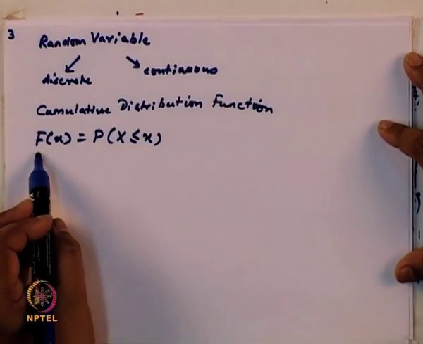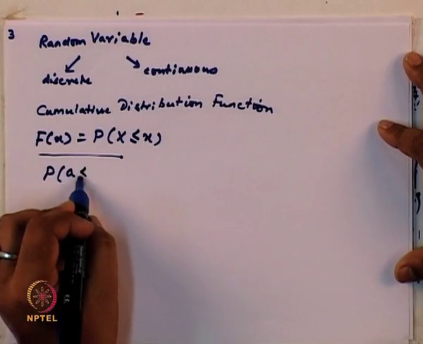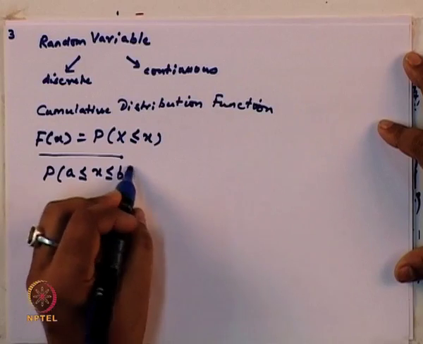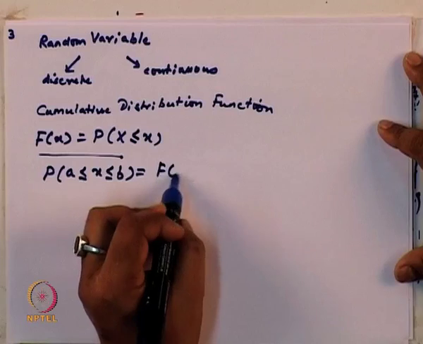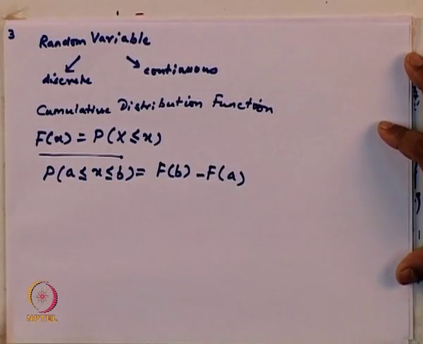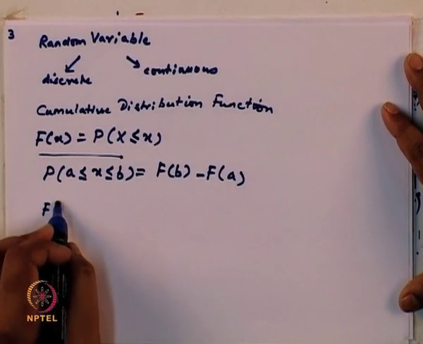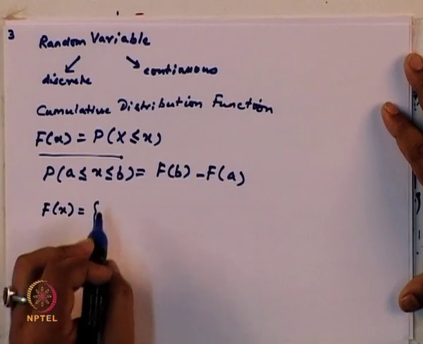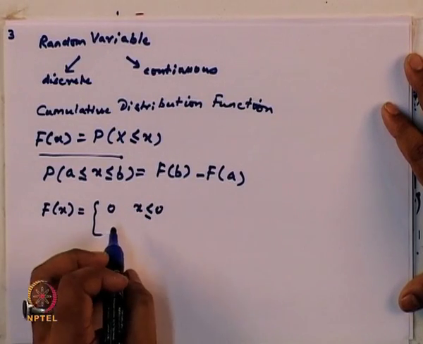So, if we know F of x, then we can compute the probability of, let us say, X between a and b, and this is nothing but F of b minus F of a. Okay. So, let us take a simple case. So, imagine I define F of x as follows.